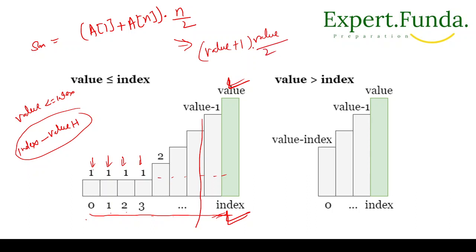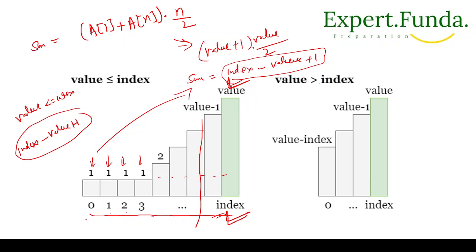So the sum of the sequence will become index minus value plus 1, which consists of all the one values. Now this index minus value plus 1 is the sum of your values.